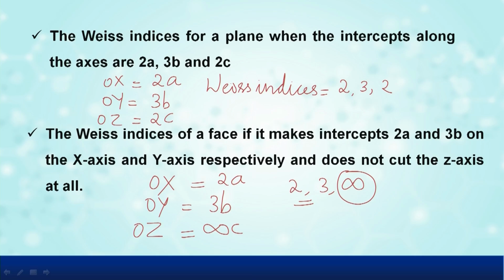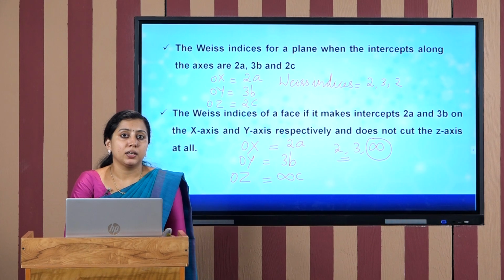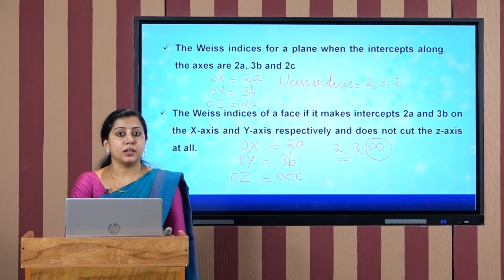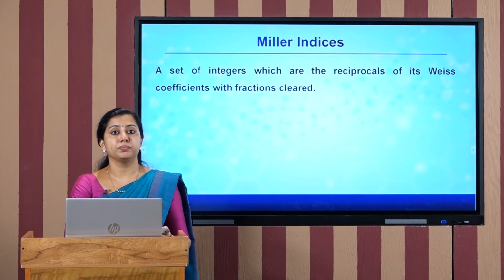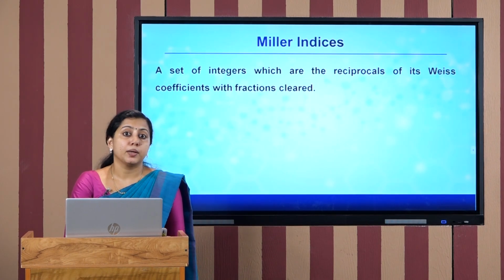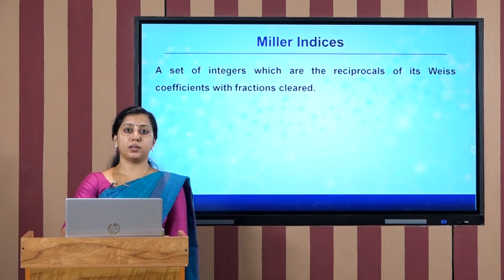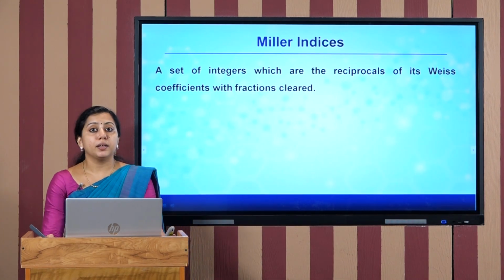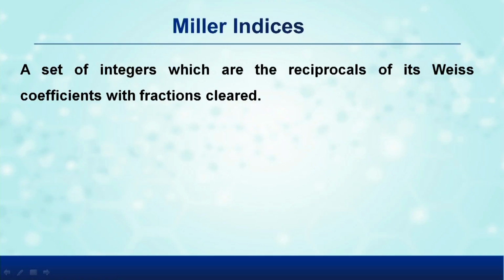So, in order to avoid such an awkward thing, we can replace the Weiss coefficients or Weiss indices by a better term, okay, and that is known as Miller indices. So, now let us see what Miller indices are. It is a set of integers which are the reciprocals of its Weiss coefficients with fractions cleared.